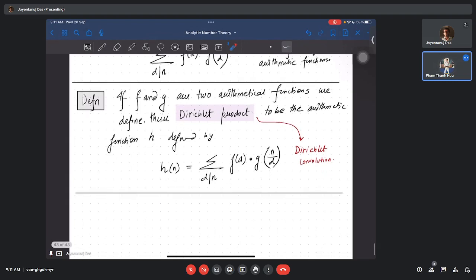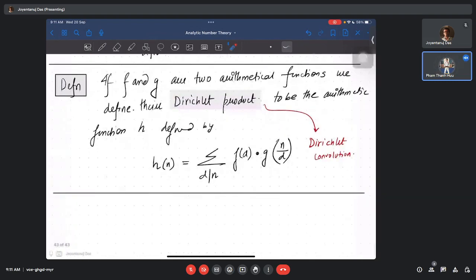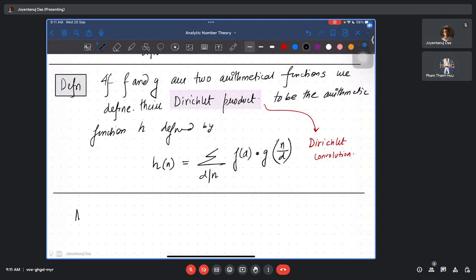The notation we will use is that h is written f star g. So this is a Dirichlet product or convolution, and h of n will be f star g of n.